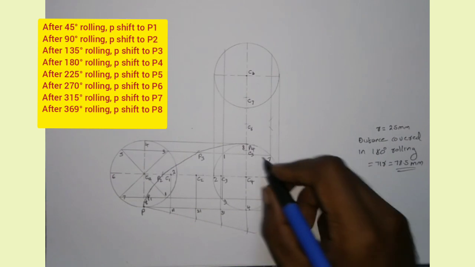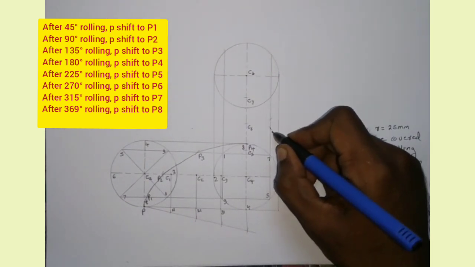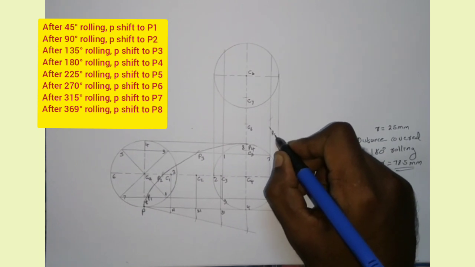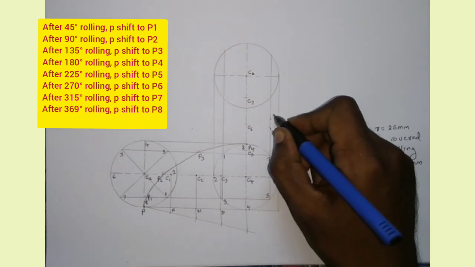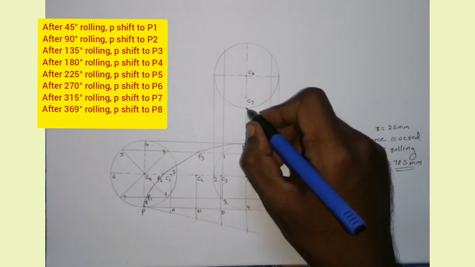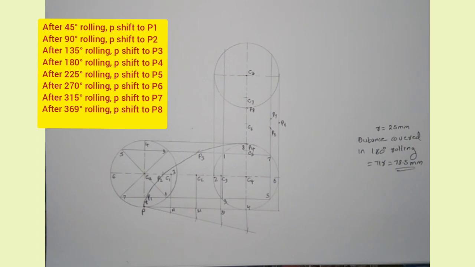So after 225 degrees of rolling, the position of point P is P5. After 270 degrees it is P6. After 315 degrees it is P7, and finally after 360 degrees it is P8.